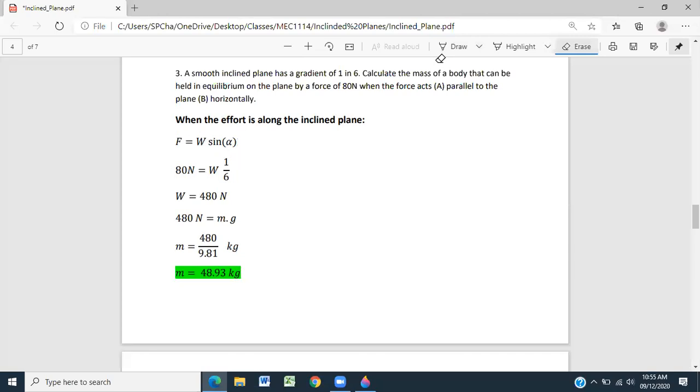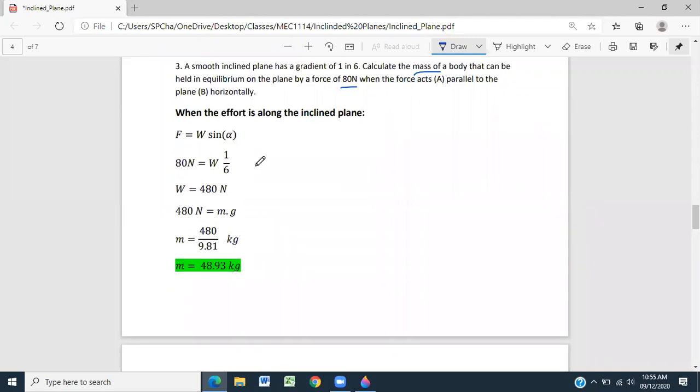But this time, they want to know what the mass of the body is, or how much weight we can hold with this 8 newtons force. How much weight can we hold when it's parallel and when it's horizontal? And maybe we can see which one's more, if we can hold more weight with it parallel or horizontally.